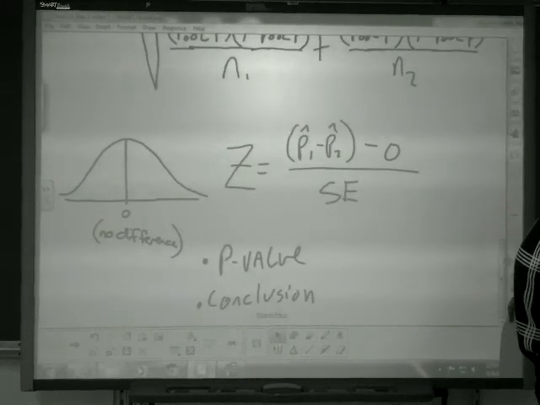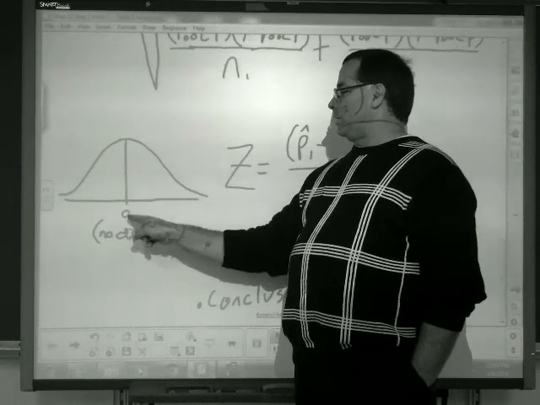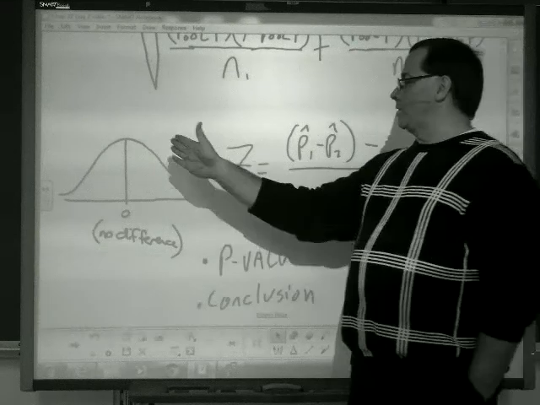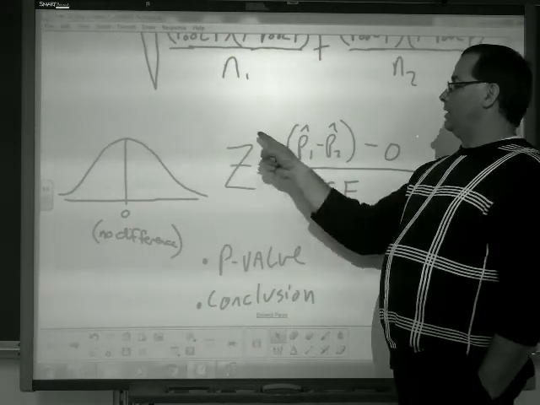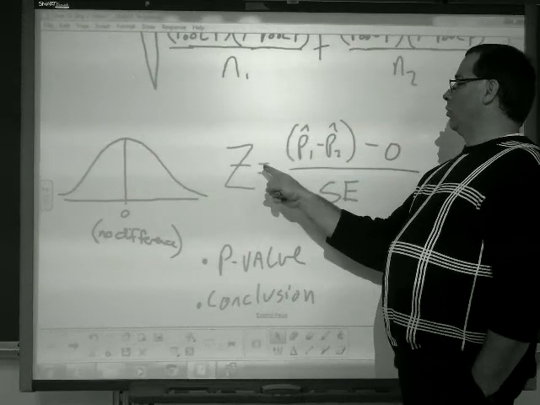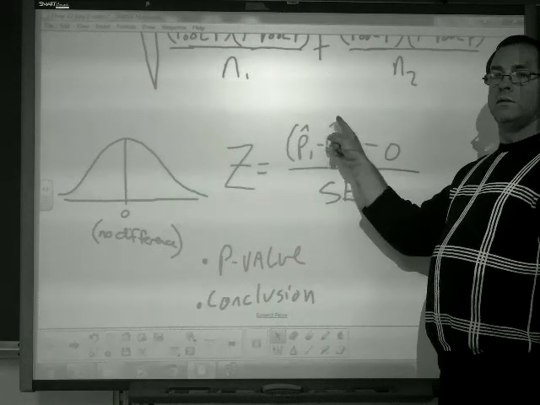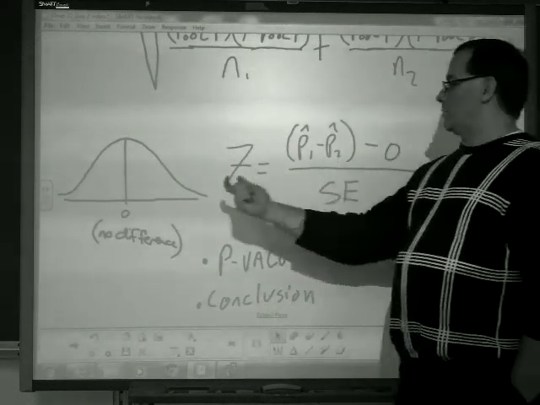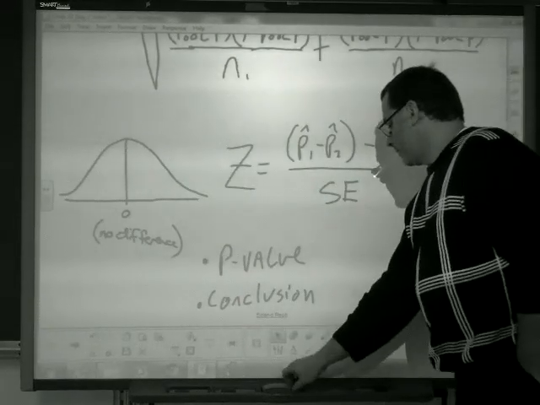Now, when we lay out a normal curve, the 0 is always going to be in here, suggesting no difference. And then we can mark where our difference is compared to the 0 line. But basically, the z-score is the difference that we got minus our initial assumption that they're the same, which is no difference, over standard error.